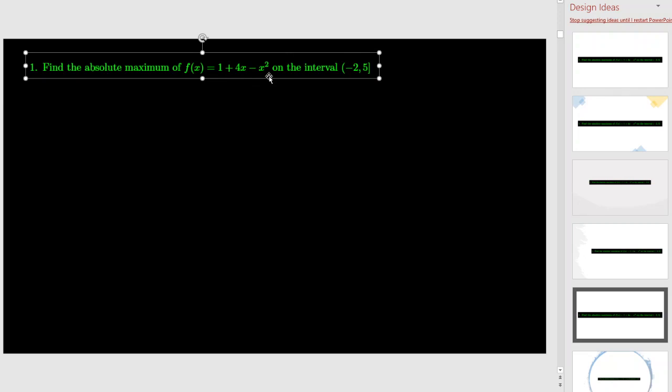It's possible to find the absolute maximum of the function on that interval using high school math, probably by completing the square. But now we are going to use a way more sophisticated way to get the absolute maximum. We are going to use the derivative. When we do this question, I will give you the step procedures.